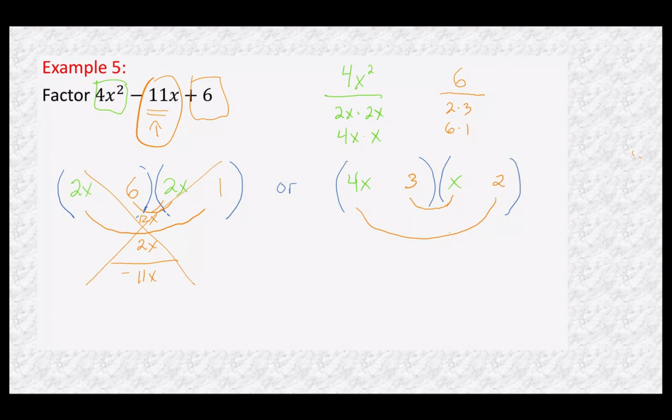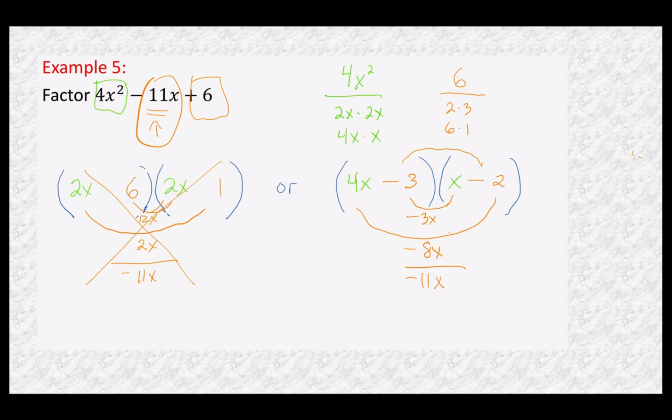Checking the multiplication, we get 8x and 3x, and this is starting to look promising. 8 and 3 make 11, so if we put a negative on both of those, we would get a negative 11x. Let's double check that if we correspondingly put minus in here twice, that the last term works when you multiply.